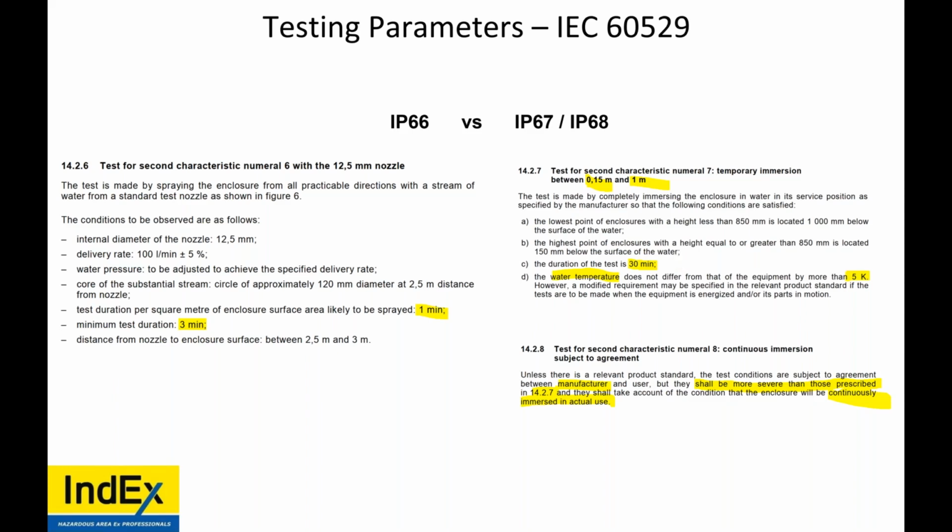If a product fails an IP66 in EX testing, let's say by an EXTL, whereas it passes an IEC 60529. Okay, so I think you may have made a bit of confusion.